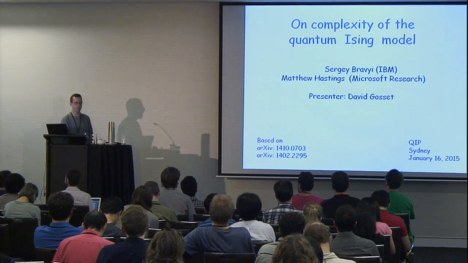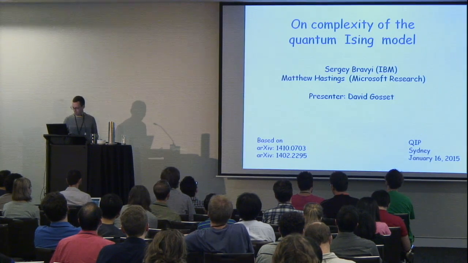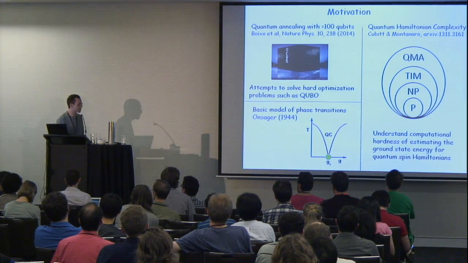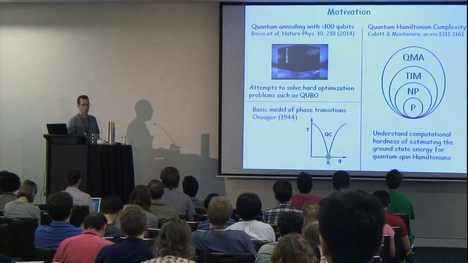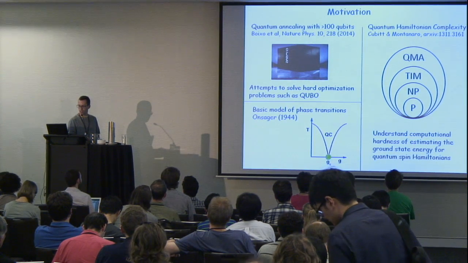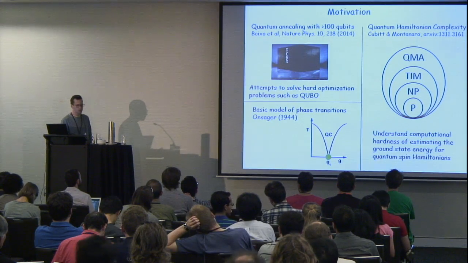And this is about the quantum Ising model, which is also known as the transverse field Ising model, which is studied in physics as a basic model of quantum phase transitions. But the motivation for this work was more from the computation side. There are two motivations listed here. One is quantum annealing.